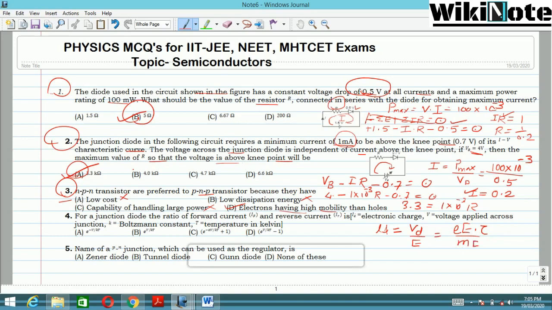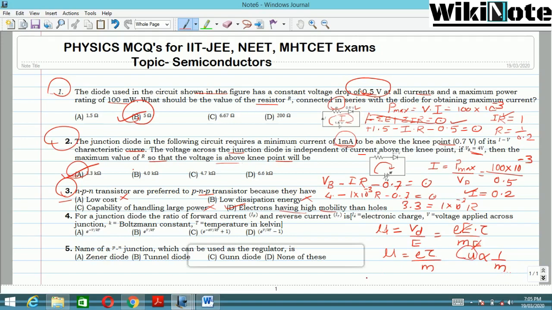So this E and this E will get cancelled, and mobility is equal to the magnitude of the charge of the charge carrier, relaxation time tau, and the mass. So mu is inversely proportional to mass, if tau is constant. So mobility of a charge carrier is inversely proportional to mass of charge carrier.